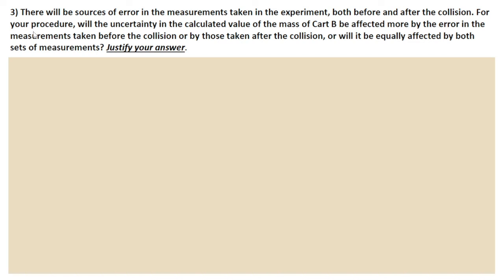Justify your answer. We've actually talked about this before. Uncertainty in a measurement. I want you to take a second to pause this video and take a stab at this answer here. And when you think you've got an answer and an explanation, hit play and we'll go over it.